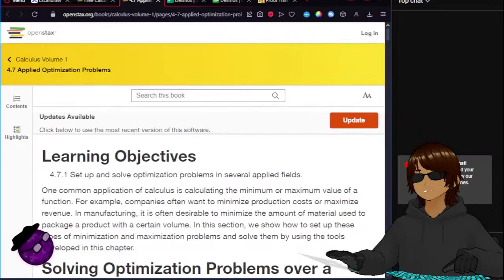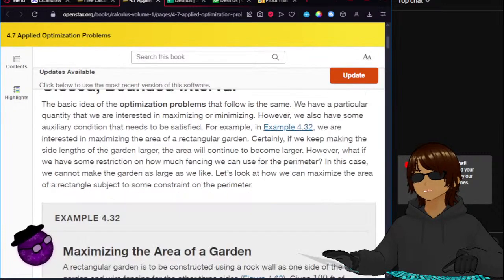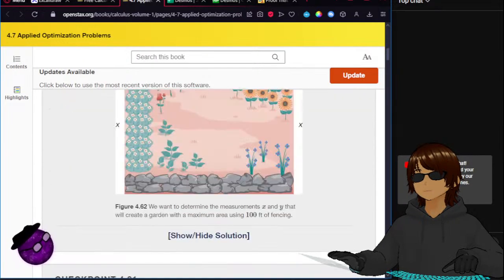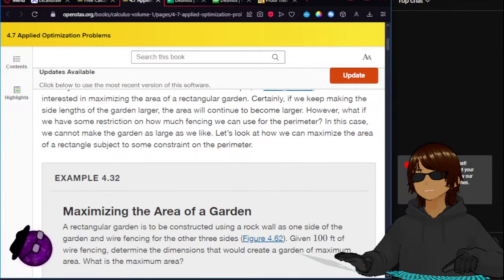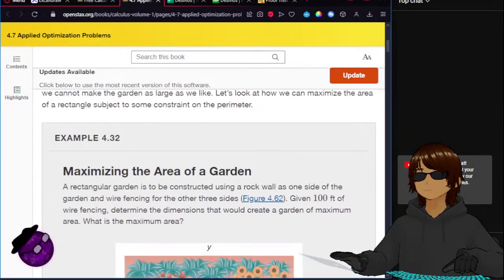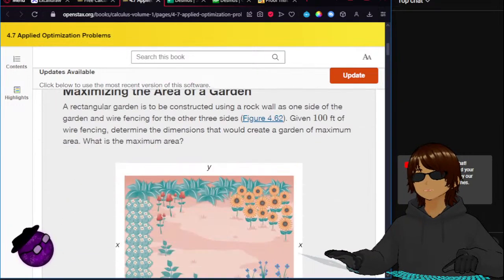For example, in 4.32, we are interested in maximizing the area of a rectangular garden. Certainly, if we keep making the side lengths of the garden larger, the area will continue to become larger. However, what if we have some restrictions on how much fencing we can use for the perimeter? In this case, we cannot make the garden as large as we like. Let's look at how we can maximize the area of the rectangle subject to some constraint on the perimeter.